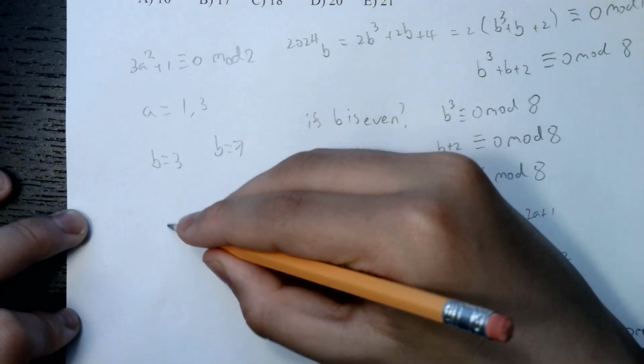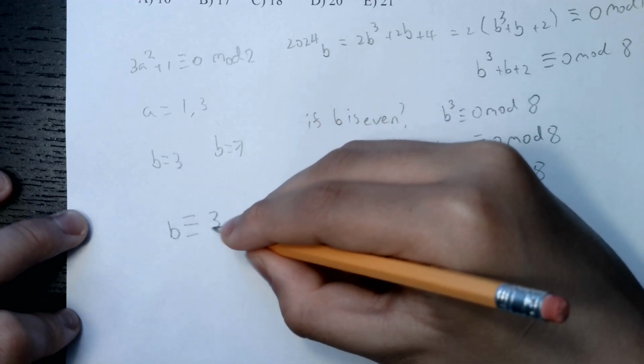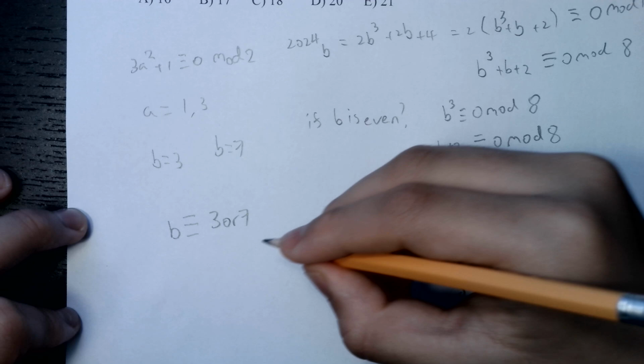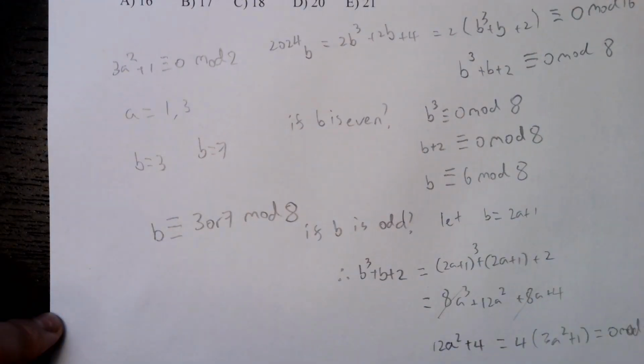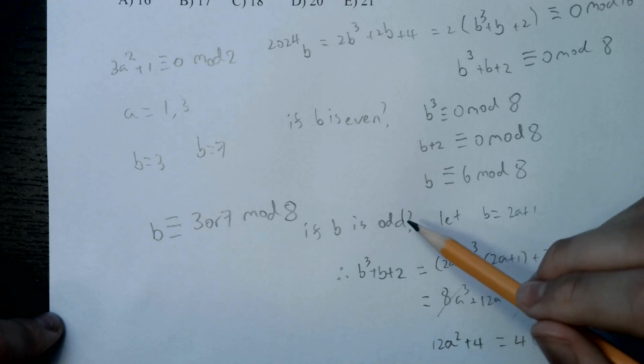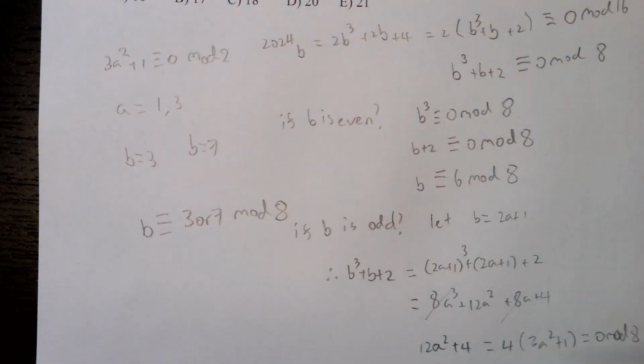So in other words, b has to be equal to 3 or 7 modulo 8 in this scenario. So if b is odd, b has 2 choices modulo 8, which are 3 or 7. So now we need to solve for the total values of b and how many there are.